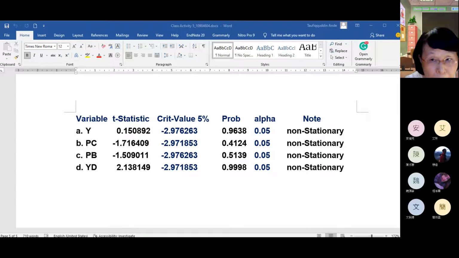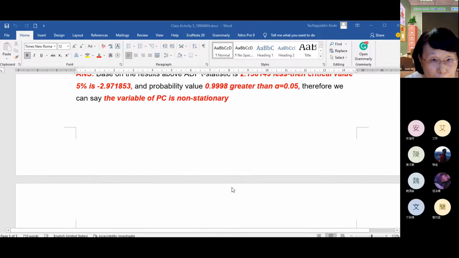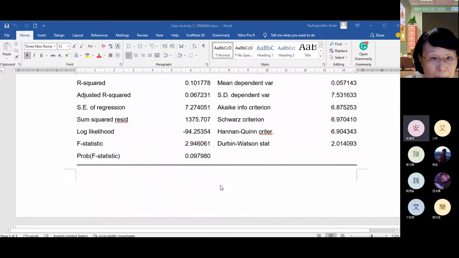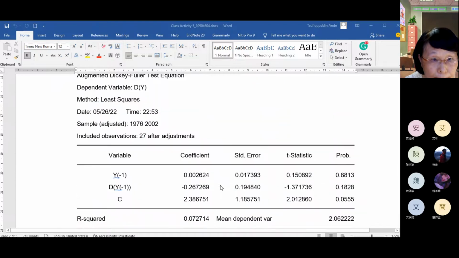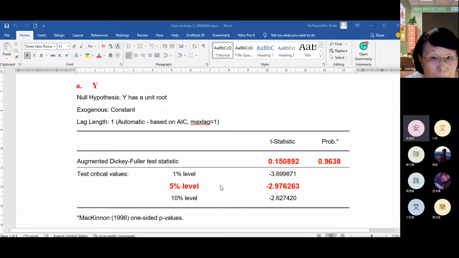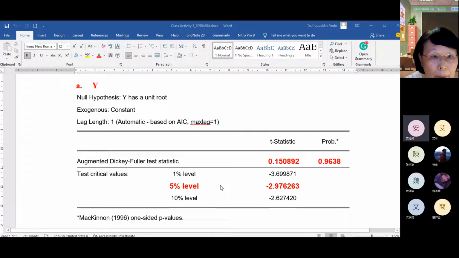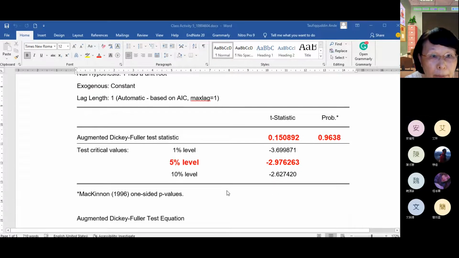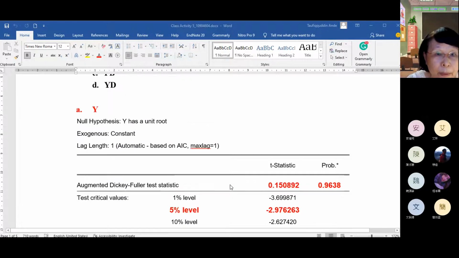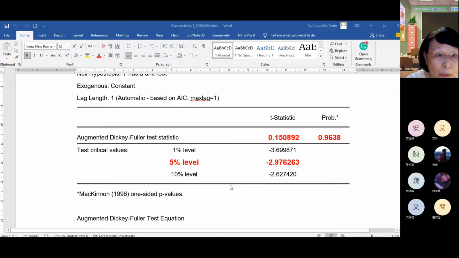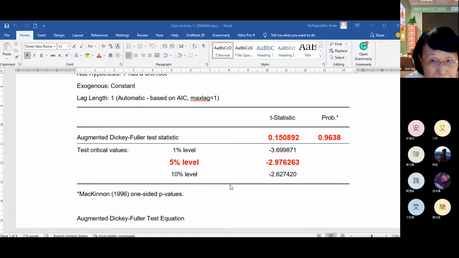Okay, okay. First of all, Andy, you have to show every variable's Dickey-Fuller test. So this one is for variable Y. Look at the statistic, the first one, variable Y. We'll see that this is what we call the tau test instead of the regular t-test.